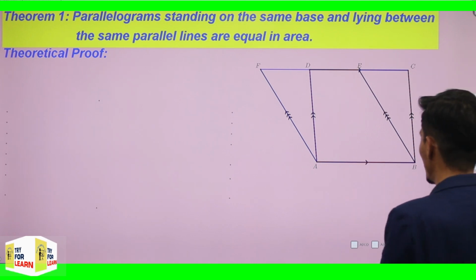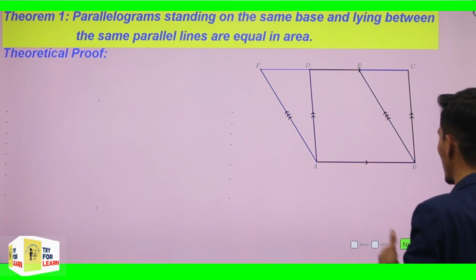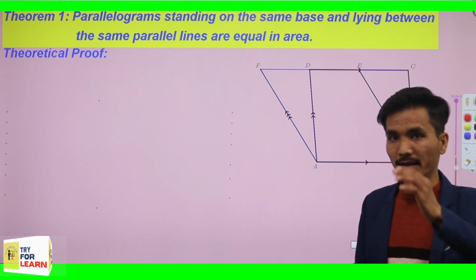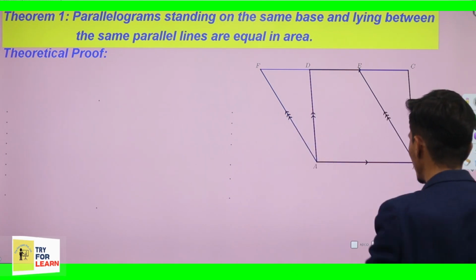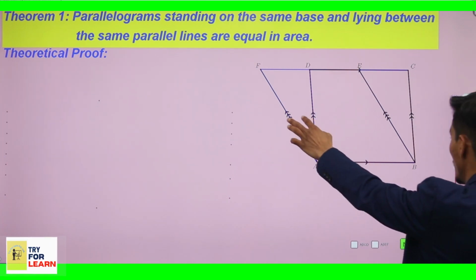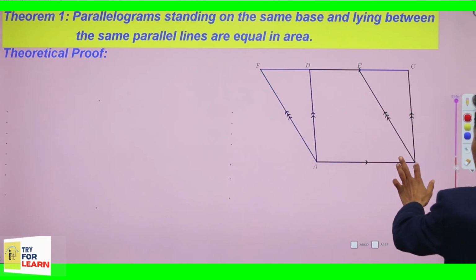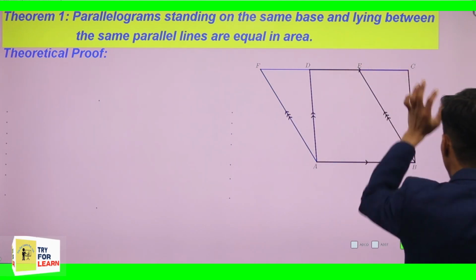How can we prove these two parallelograms are equal in area? For that purpose, here in the figure are two triangles. One is ADF and another triangle is BEC.